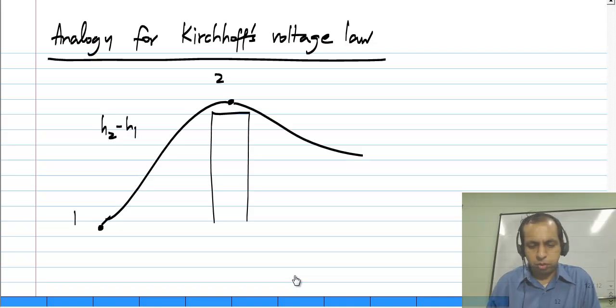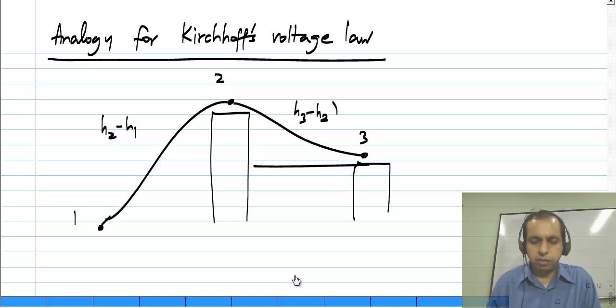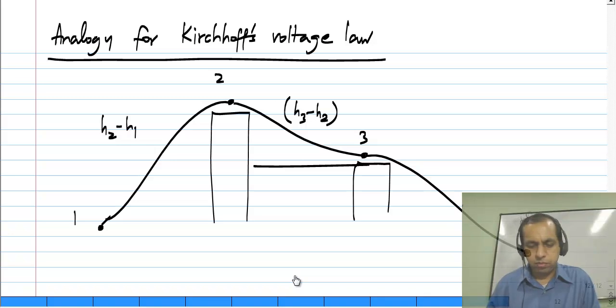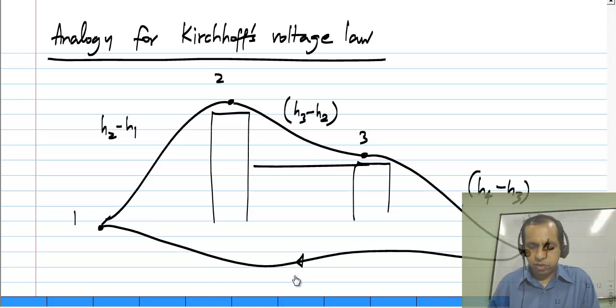Maybe you will come down to a shorter building and you will gain a height of h3 minus h2. h3 minus h2 is actually negative, and then maybe you will walk down to some underground place. So I will have h4 minus h3, and finally you come back to where you started off. You will gain a height of h1 minus h4.